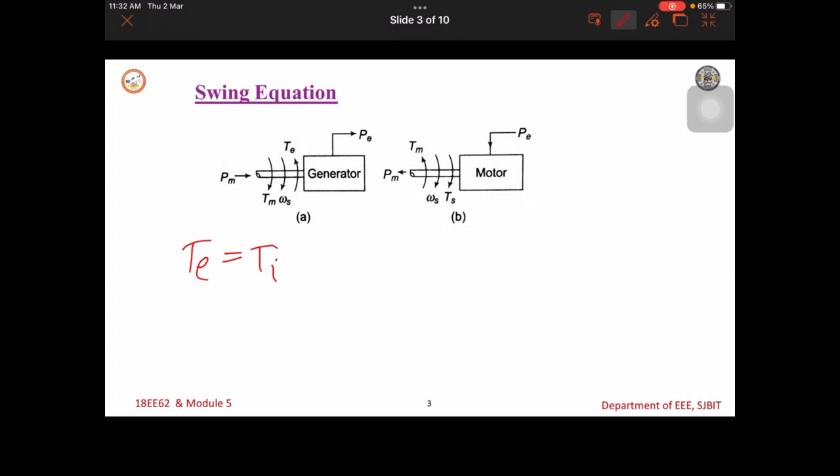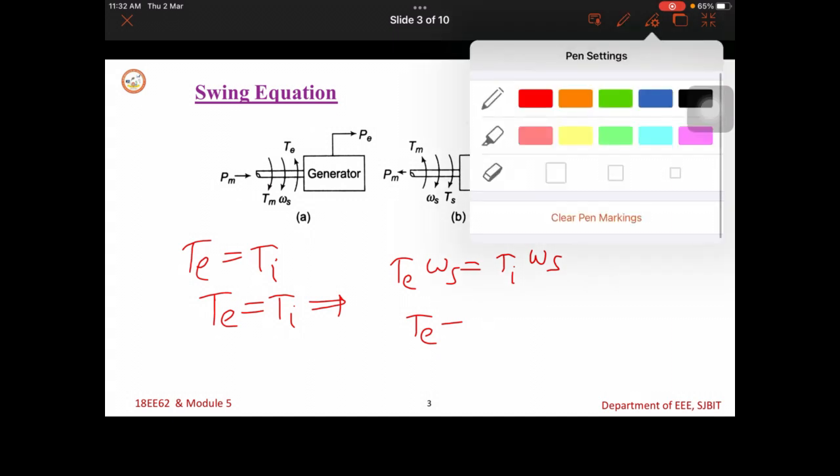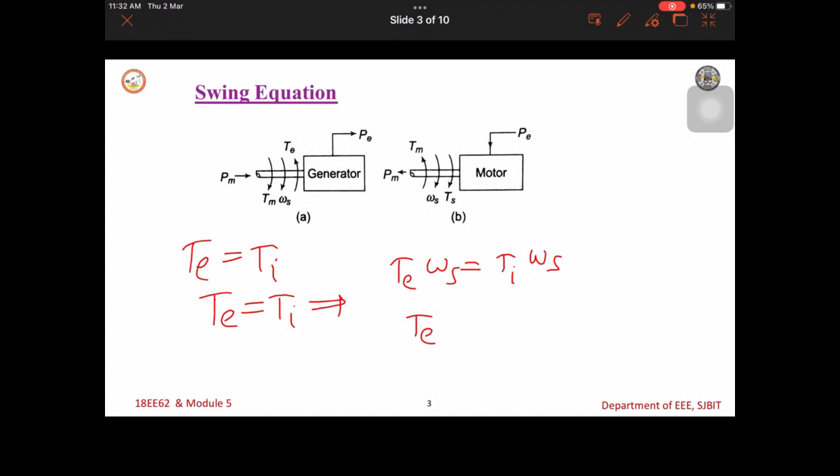Therefore, Te is equal to Ti, so Te into Ws is equal to Ti into Ws. This can be written as Te Ws minus Ti Ws is equal to 0, that is Pi minus Pe.